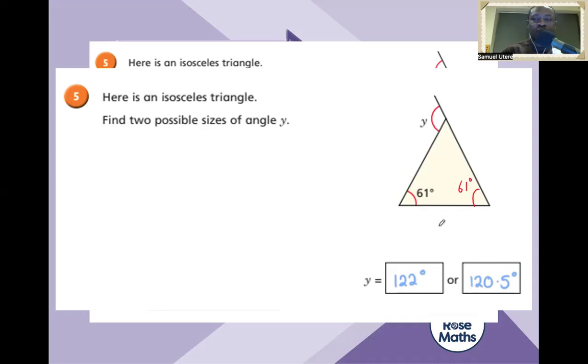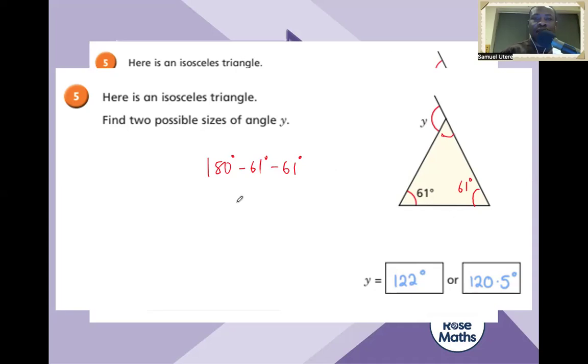Now, the next step is you'll do, to get this angle, 120 degrees. The next step is you'll do 80 degrees minus 61 degrees minus 61 degrees to get this angle here.